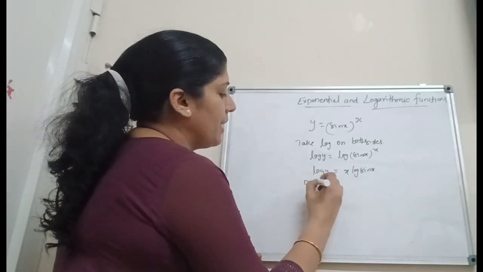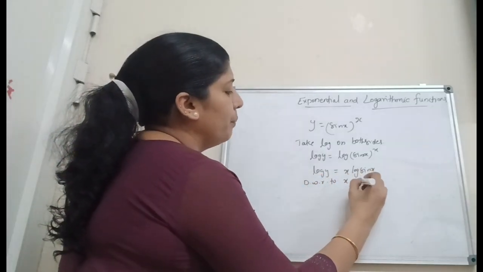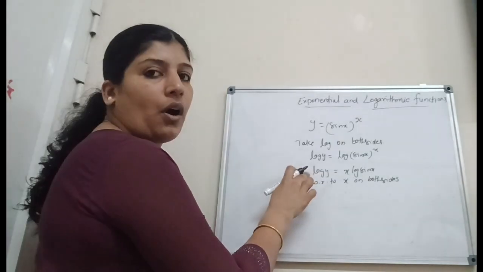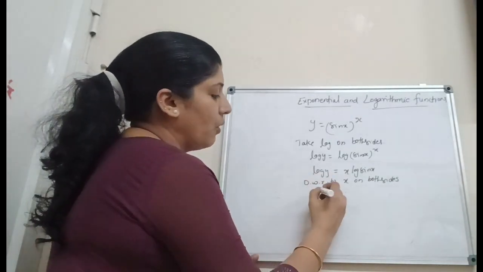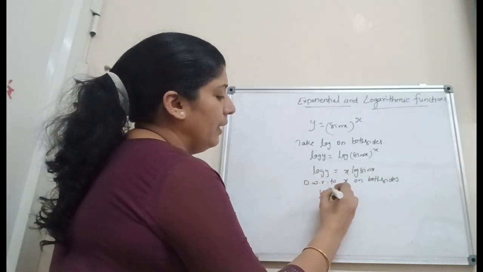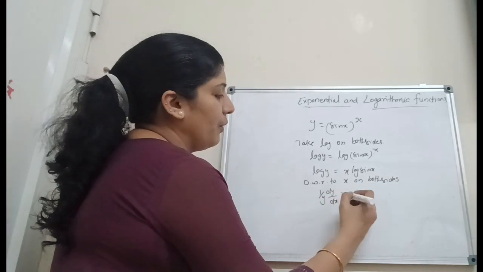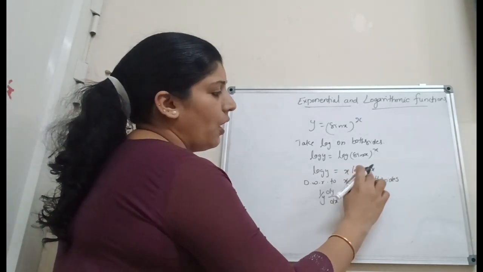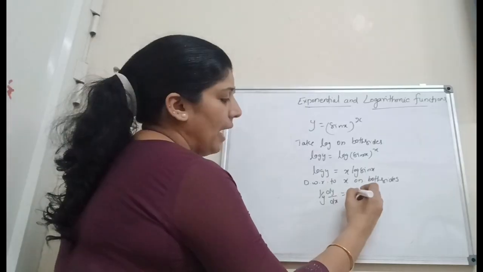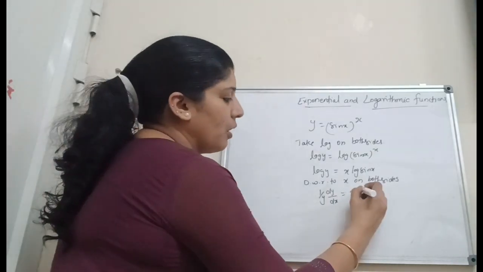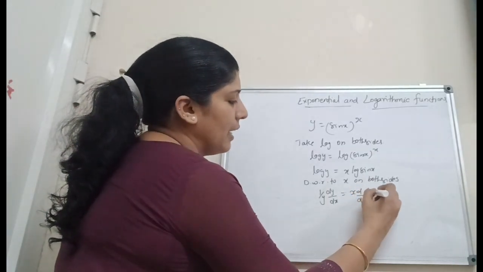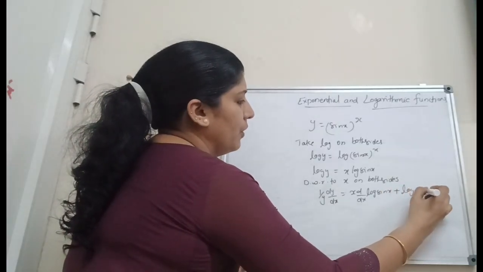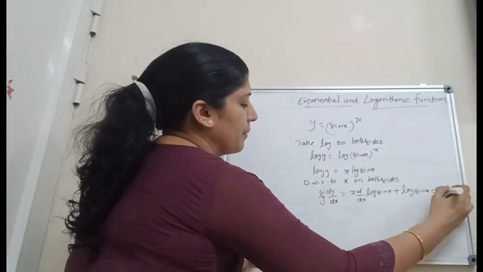Next, differentiate with respect to x on both sides. Therefore, d by dx of log y, that is 1 by y into dy by dx equal to, here it is the product form, that is x into log sin x. Here the first function is x, then d by dx of the second function, which is log sin x, plus log sin x into d by dx of x.